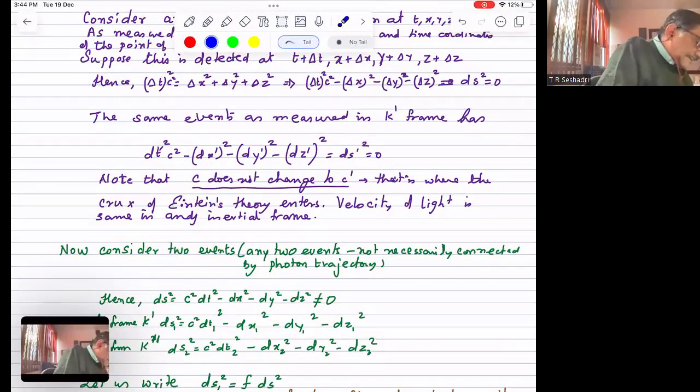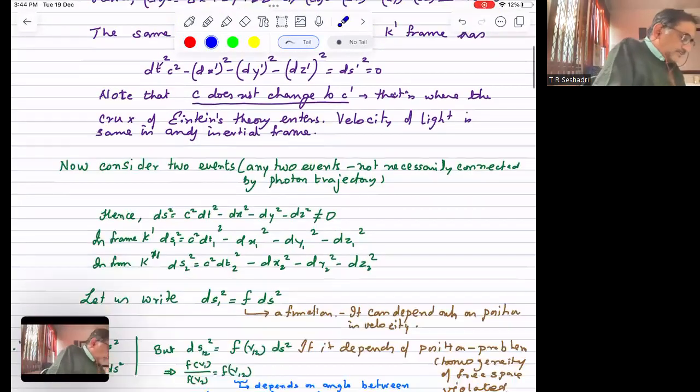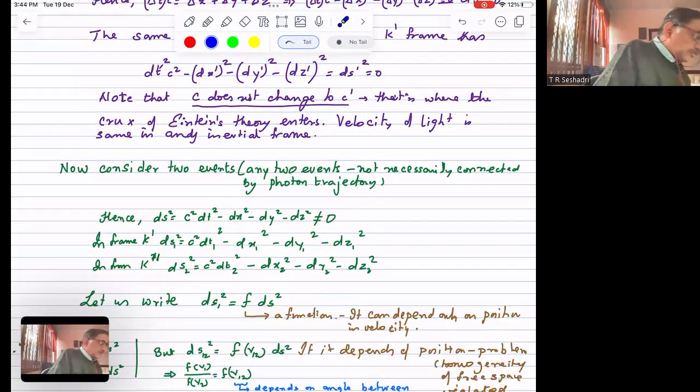Now what I'm saying is I am considering two events. It can be any two events. It is not necessarily that these two events should be connected by a photon trajectory. And so since they are no more necessarily connected by photons, my ds square is no more 0. Is this clear?